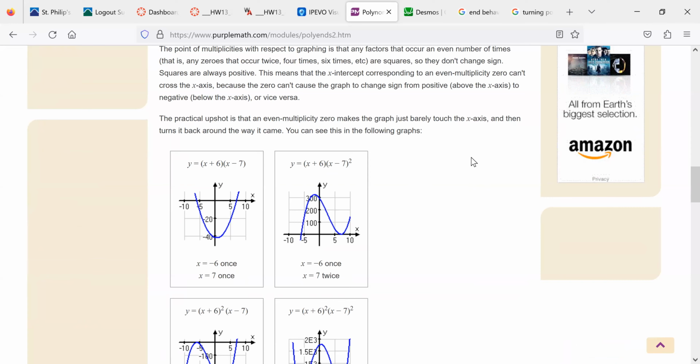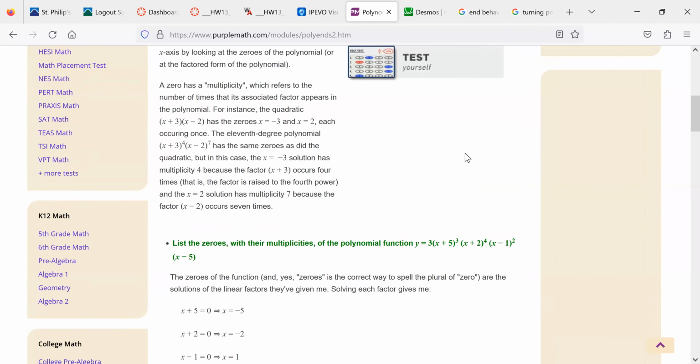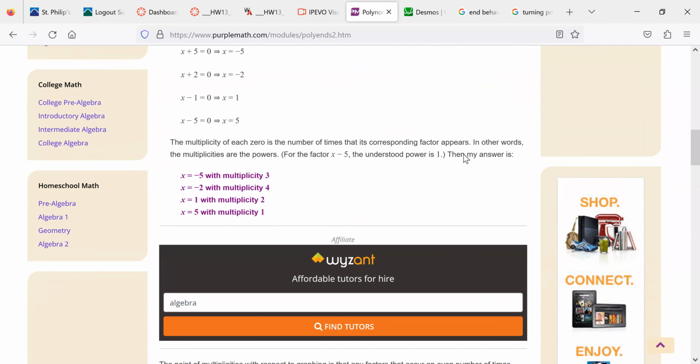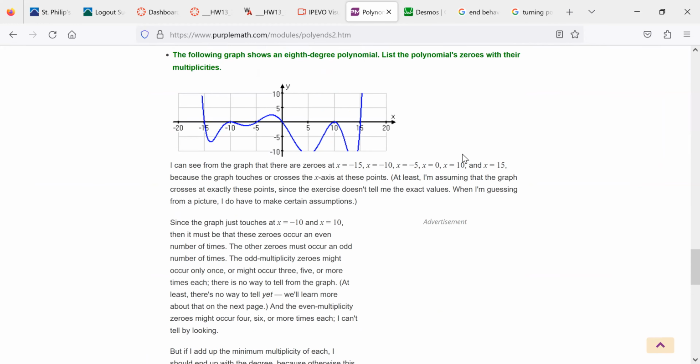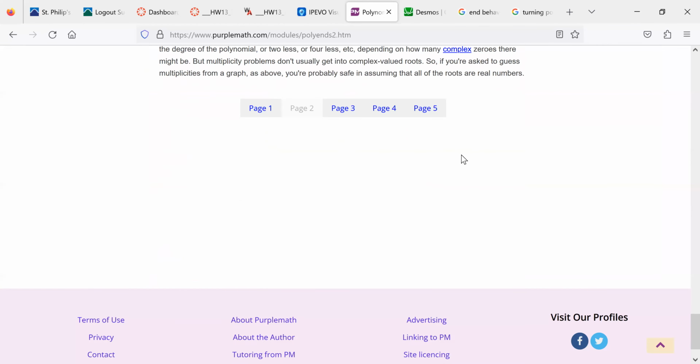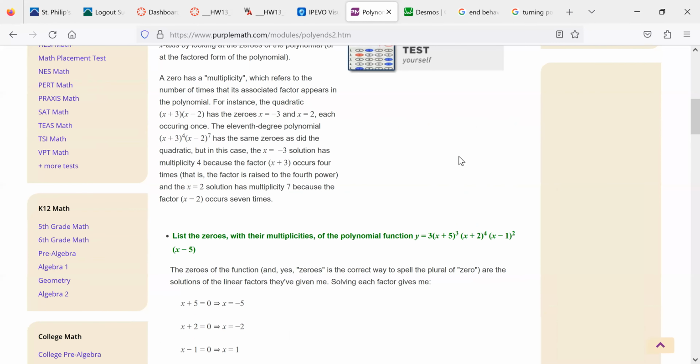What's interesting though, let's go ahead and see if we can graph it. Maybe it'll be pretty. No, I'll just graph it myself and hope.